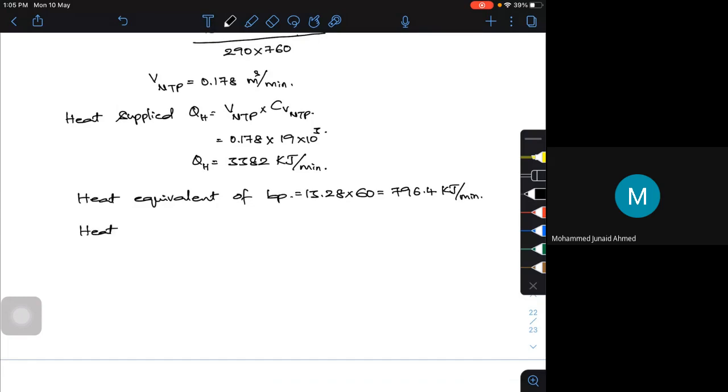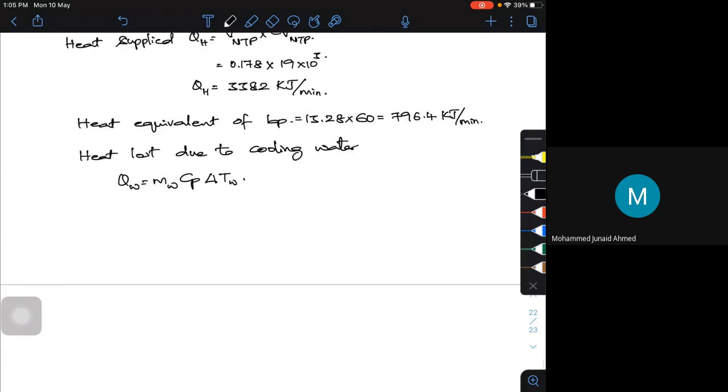Heat loss due to cooling water. This is QW equal to mass of water, Cp of water, into delta T of water. The mass of water, as we have just found, is 4.5 kg per minute.